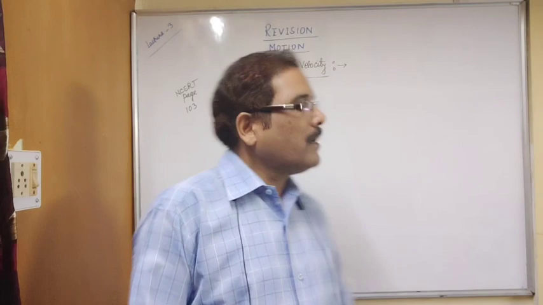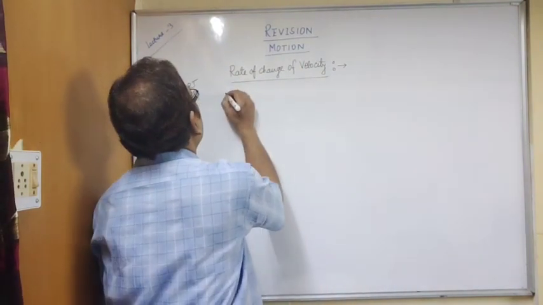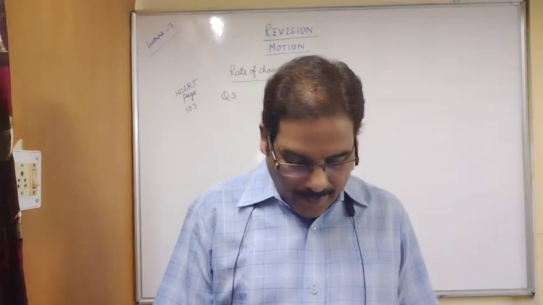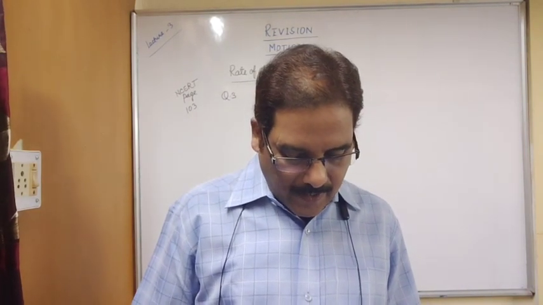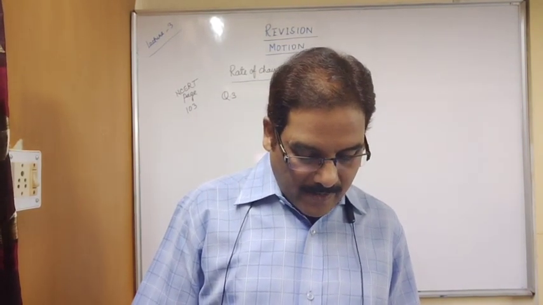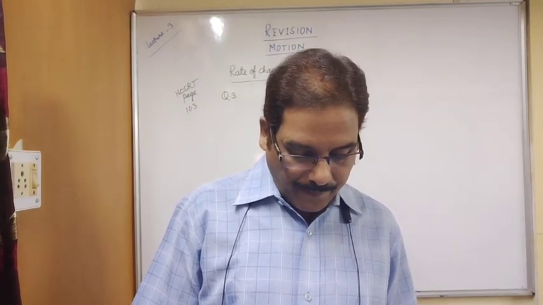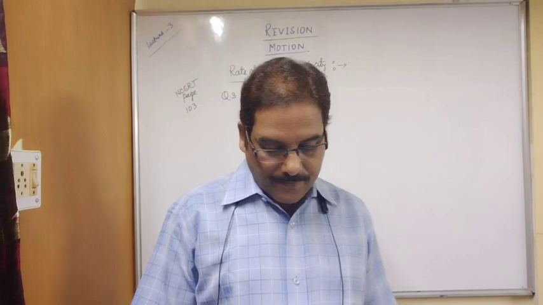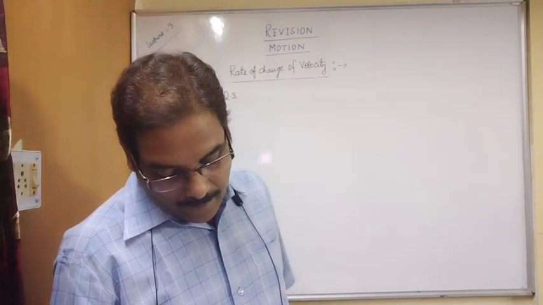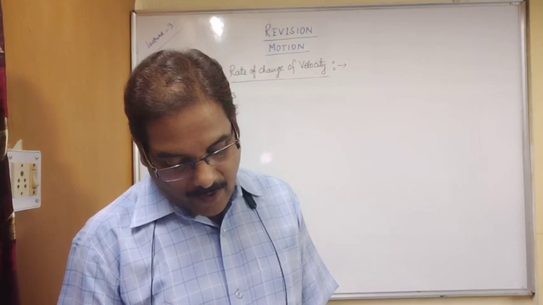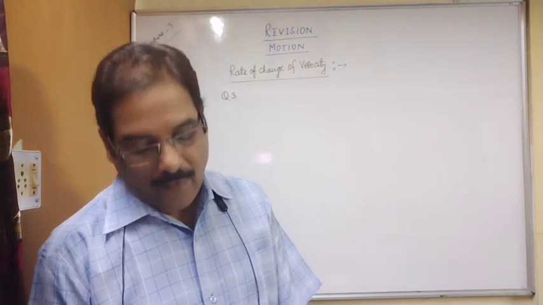Now question number 3. A train is starting from a railway station and moving with uniform acceleration attains a speed of 40 km per hour in 10 minutes. A train is starting from a railway station.